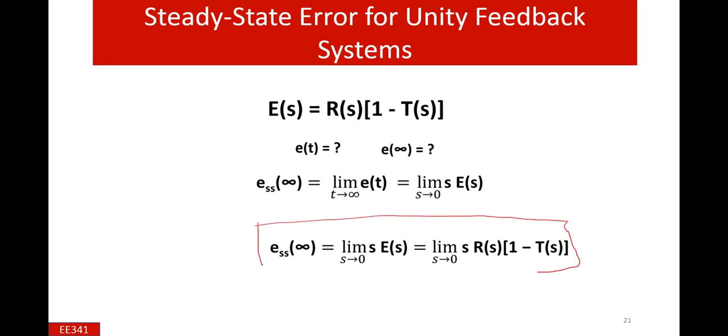Up to here we have two types of definitions of steady state error: one in terms of the closed loop transfer function, and the other with s times the error. Both definitions are applicable whether the transfer function is given in open loop or closed loop form.